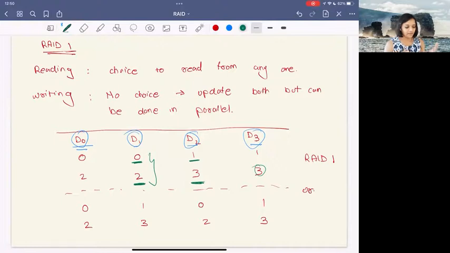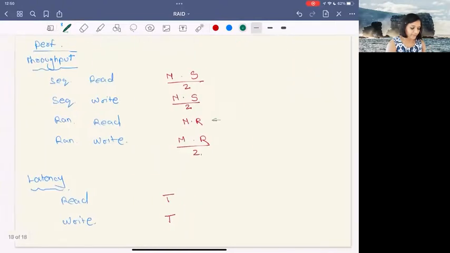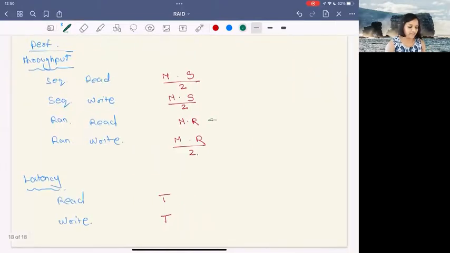And because they are randomly issued, it's highly likely that they are randomly distributed across these 4 disks. So we cannot say for sure that we'll have this degradation by a factor of 2 for random reads, but there is a high likely chance that we'll be able to avoid that. So it's N into R.